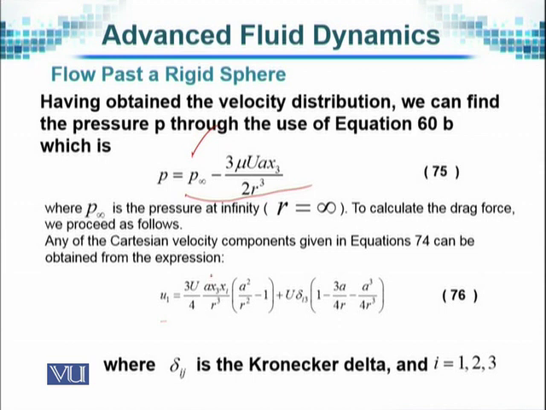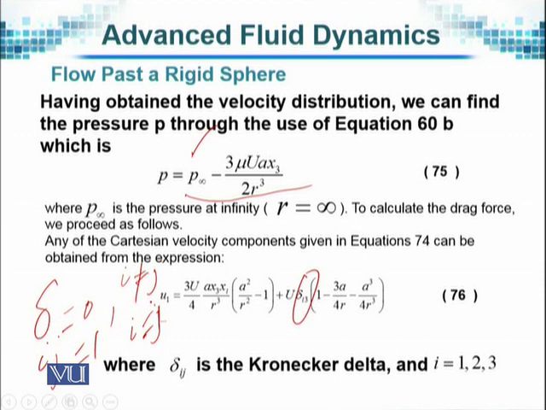u_i is equal to 3u over 4a times x3 x_i over r^3, times (a squared over r squared minus 1), plus u times (i, 3) delta_i3, where i is a suffix, remember, running from 1 to 3, and this delta is the Kronecker delta delta_ij, which you know is equal to 0 if i is different from j, and equal to 1 if i is equal to j.